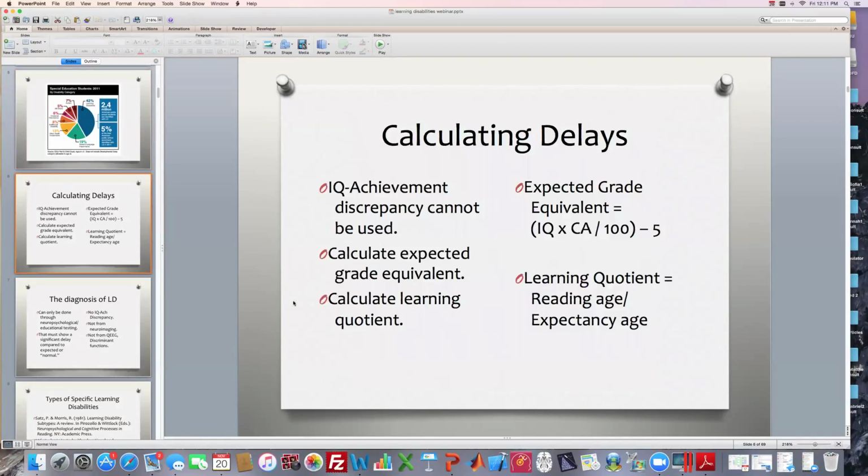Okay, so as we talked about earlier, it was common in the past to use what's called an IQ achievement discrepancy. So, for example, an IQ test would be administered, and say someone got a 100 on an IQ score, then an achievement test would be administered, and if they had 80 or below, then they would be considered to have a significant discrepancy and a learning disability.